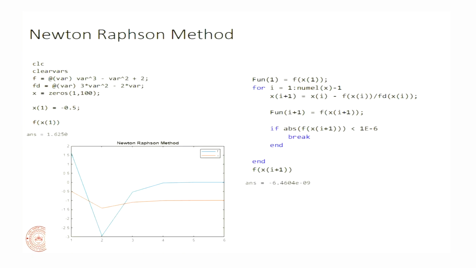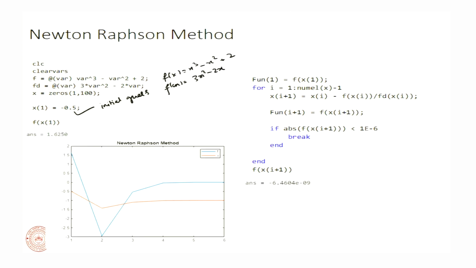Again, the same function f of x equals x cube minus x square plus 2. We start with the guess value 0.5. This is our initial guess. First thing to check is whether our derivative is 0 or not. We can check this by substituting into our f prime, which is 3x square minus 2x.